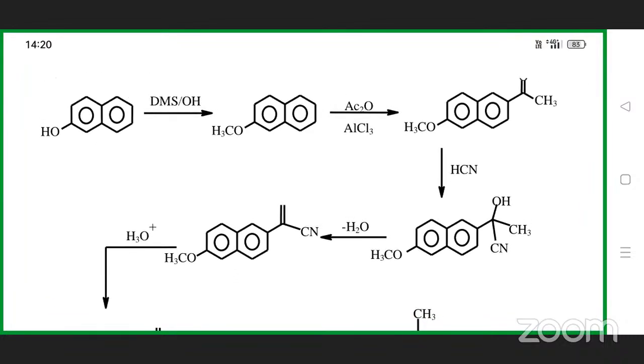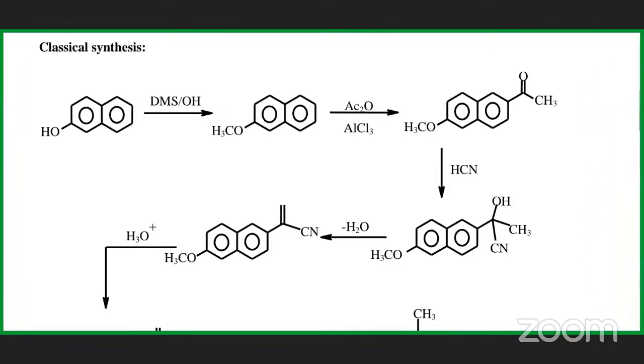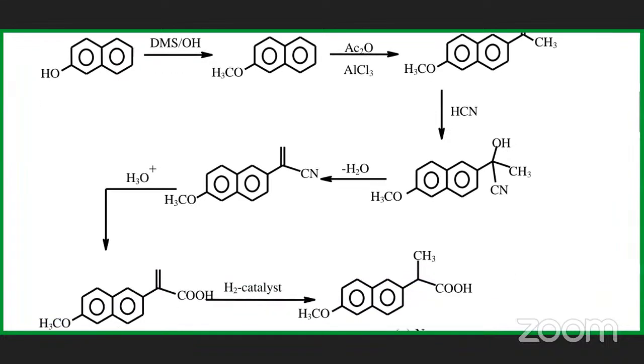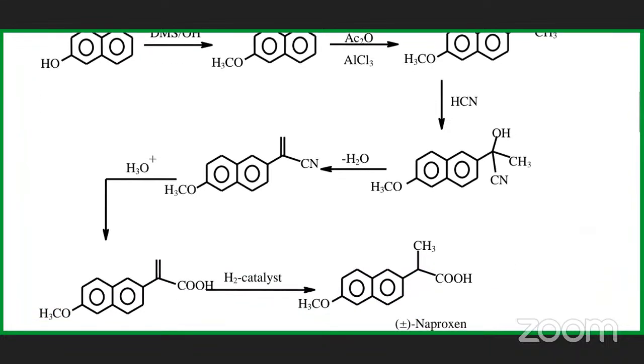Having got this methoxy naphthalene, you go further with the Friedel-Crafts acylation reaction with acetic anhydride. An acetyl group substitutes on this particular naphthalene derivative, and then a nucleophilic addition reaction with hydrogen cyanide gives this cyanohydrin derivative.